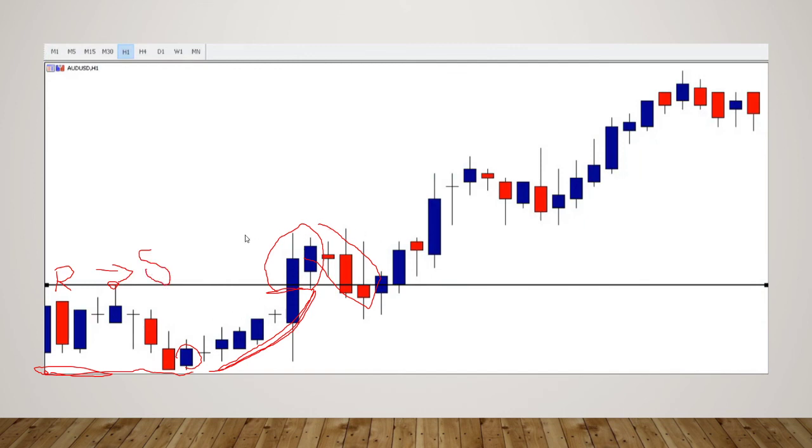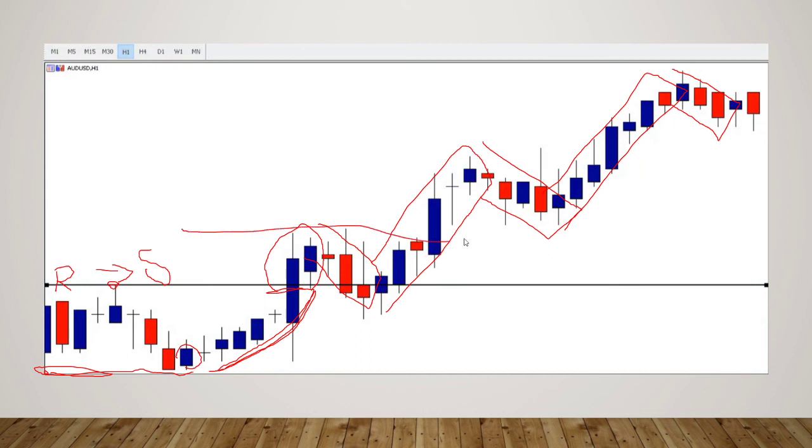And then we have a new impulsive movement, and we have another corrective. Then we have an impulsive, then we have another corrective, right? However, what is also interesting is that this point is also a resistance, and it broke through.